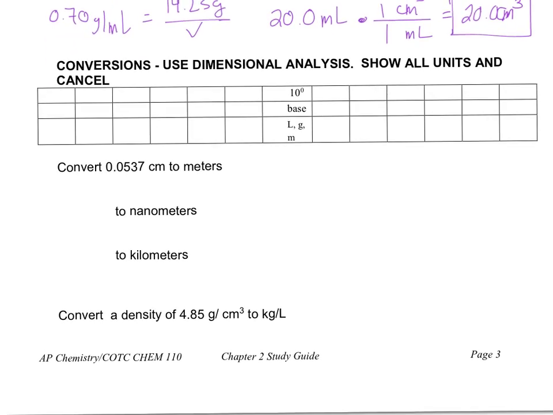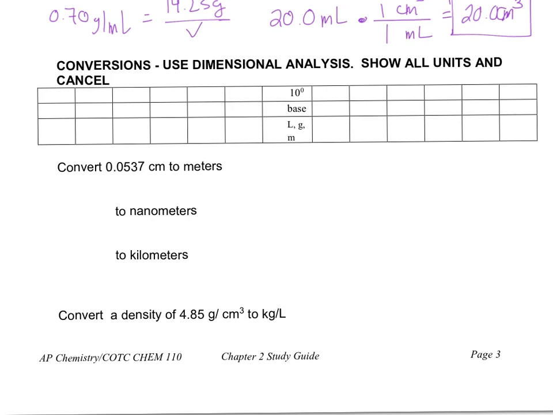And so with metric conversions, we have our base unit. Those are the ones that don't have any prefixes before the unit itself, so those would be meters, grams, and liters. And then instead of using numbers that are really, really big or really, really small, like for example, if you're talking about the number of atoms in a sip of water, that would be a really, really big number.